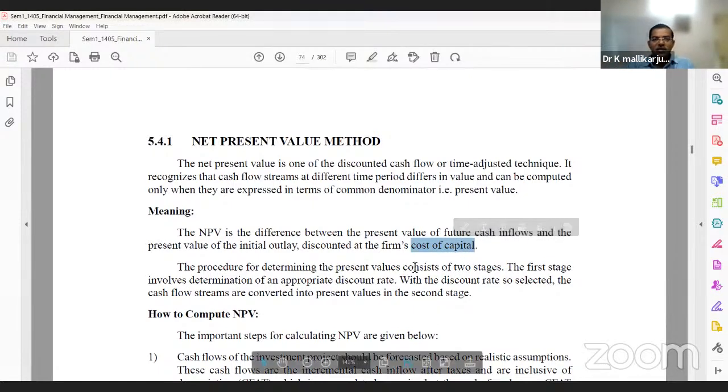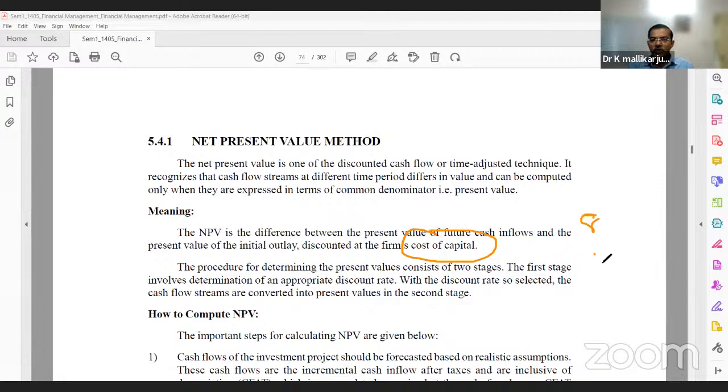So the future cash flows are discounted, and we take the cost of capital percentage. These future values, 8,000, 5,000, 15,000, are discounted with this cost of capital percentage.